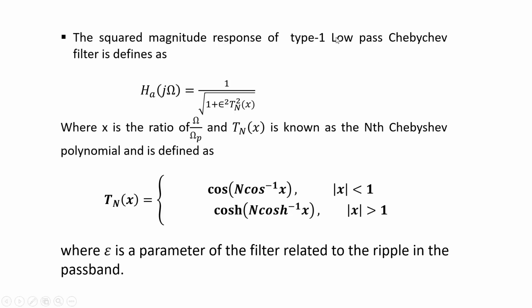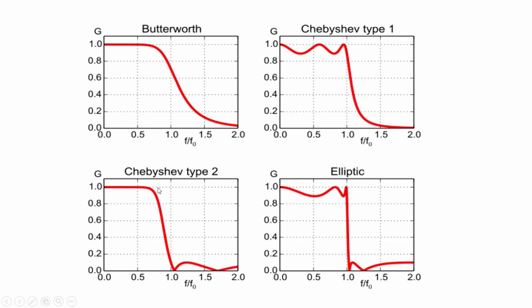One more thing to mention is that type 1 Chebyshev filters are most commonly used compared to type 2 Chebyshev filters. Why? Because for type 2 Chebyshev filters, the ripples exist in the stopband.